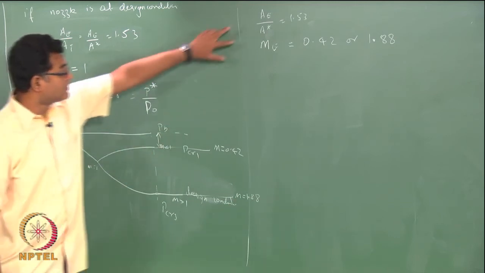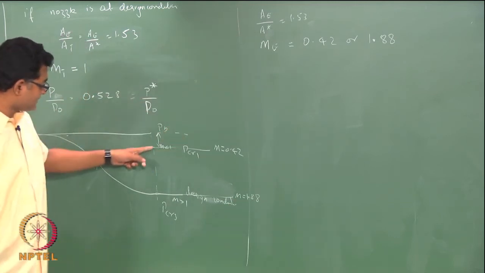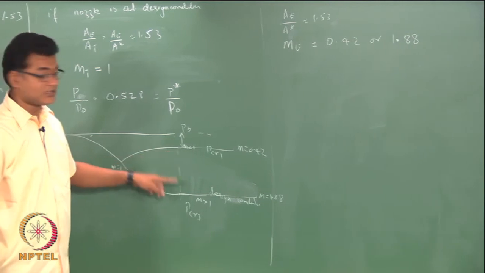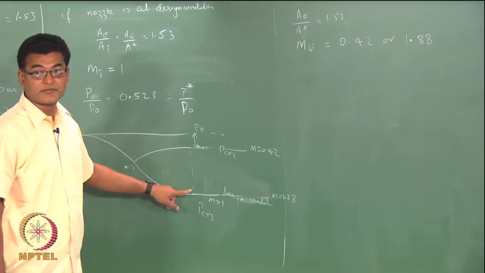Okay. So, this area ratio decides these two Mach numbers.